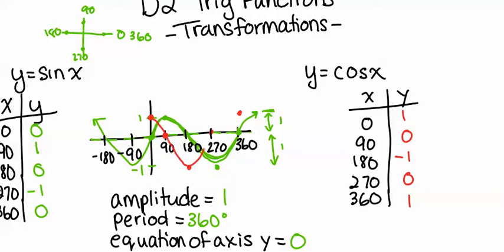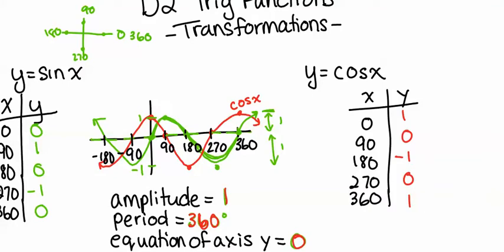So that's what our cosine curve looks like. So red is our graph of cos x, and green is our sine x. And cos has the same key features, so an amplitude of 1, a period of 360 degrees, and an equation of axis of y equals 0.